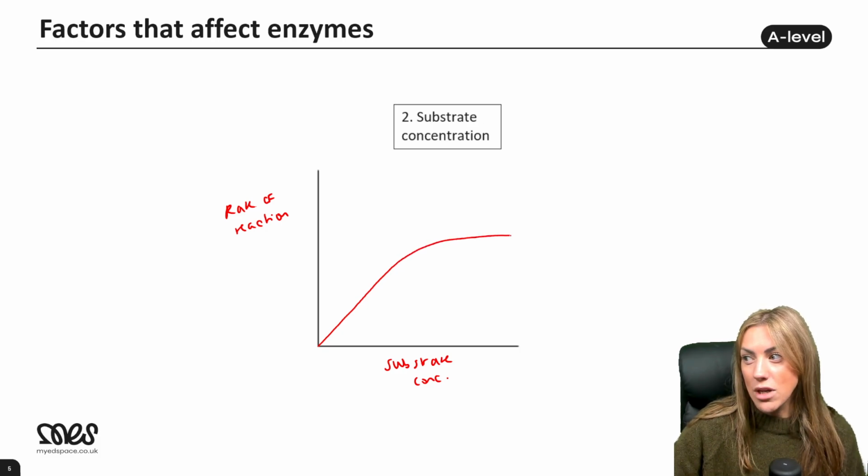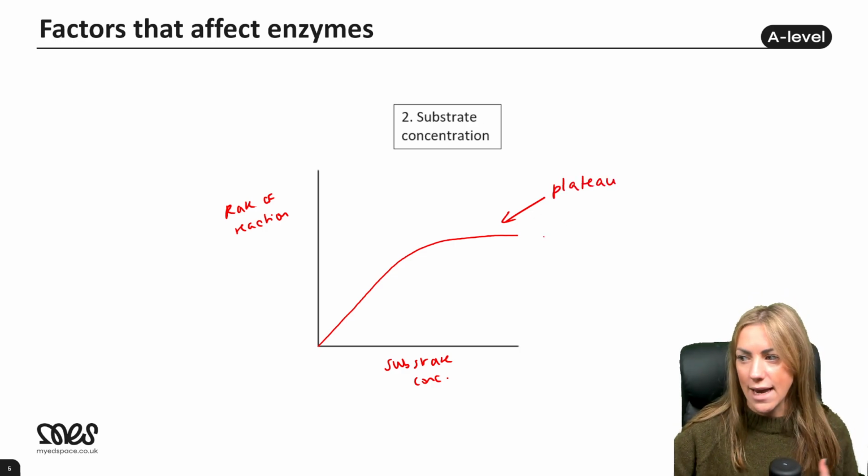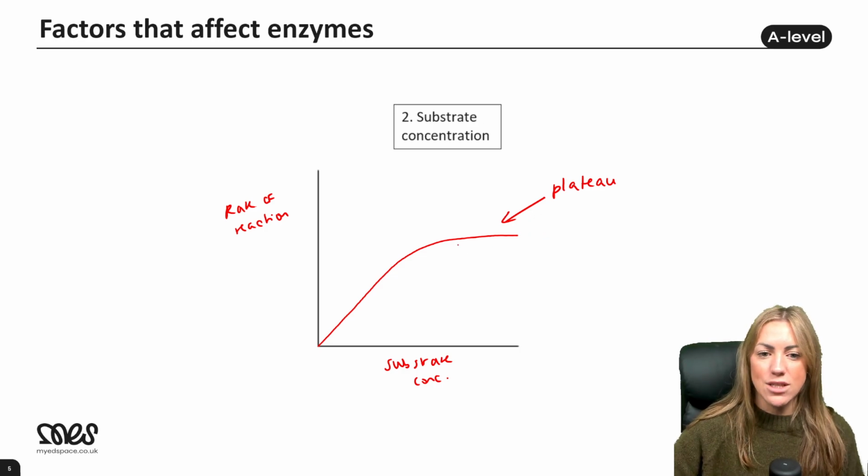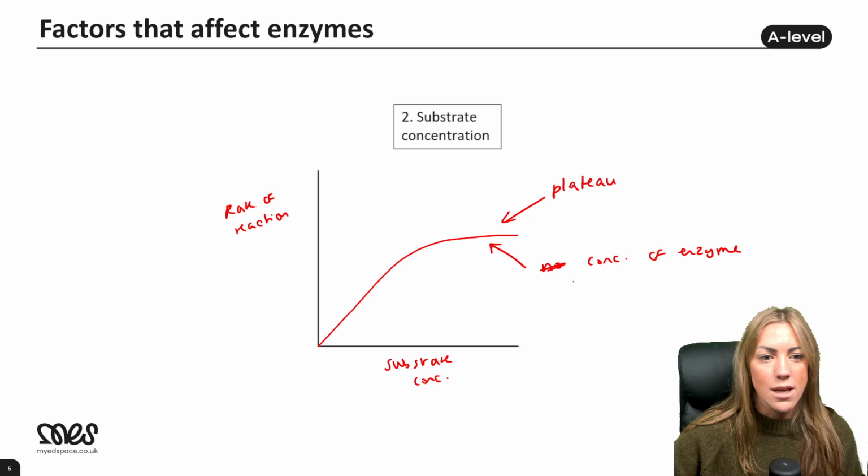But I'm going to draw my line leveling off or plateauing or starting to become constant, okay? Now, the reason for that, let's just explain it. There's going to reach a point where the concentration of enzyme becomes the limiting factor.